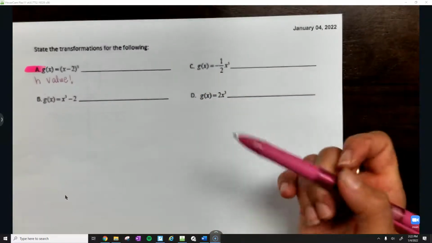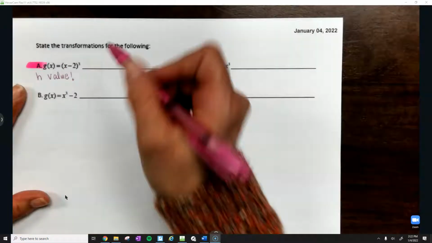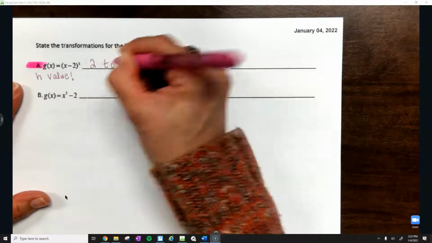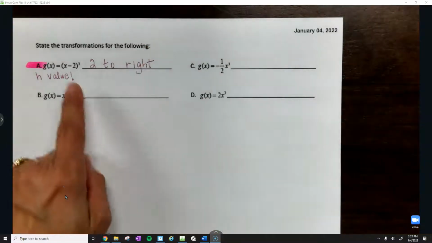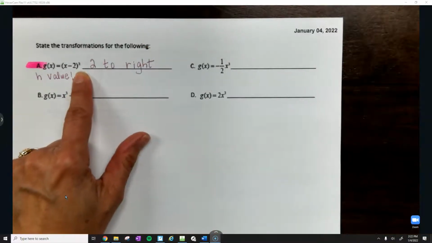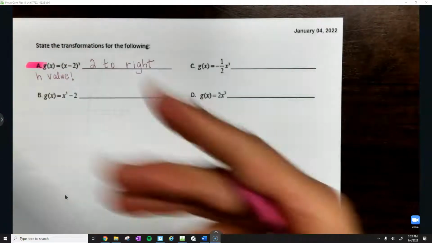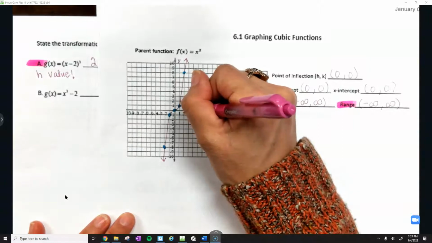You just have to remember its opposite. So if that's a -2, that means that this is going to be 2 places to the right. So this cubic function has shifted 2 places to the right from the origin. So if I try to graph it right here, I would just move 2 places to the right.